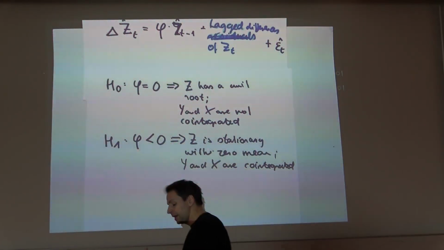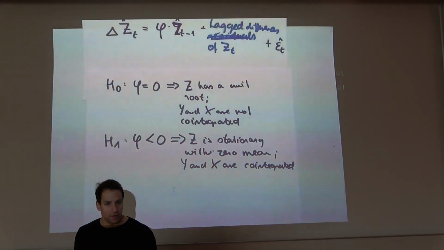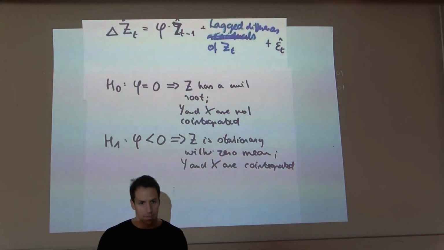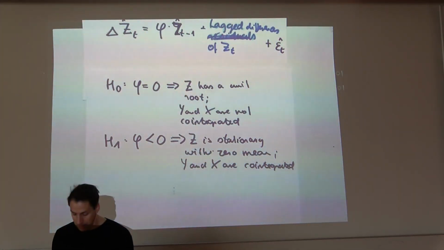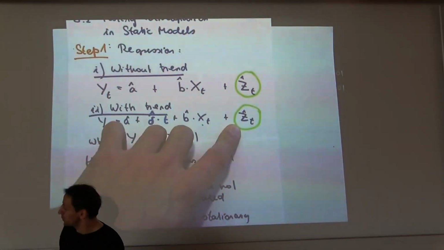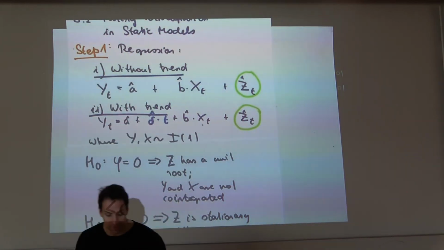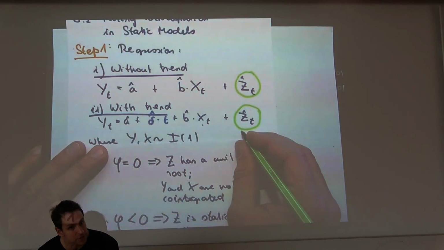Now, the only thing that changes a little bit is the critical values. You can see here that these are not observed processes; these are estimates. These residuals are estimates.